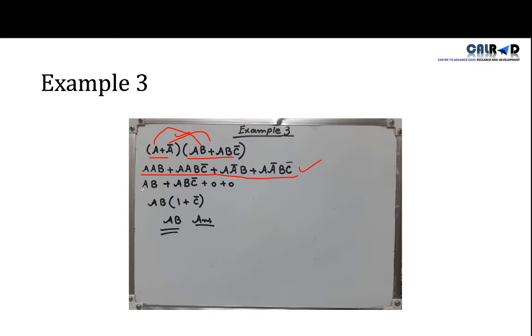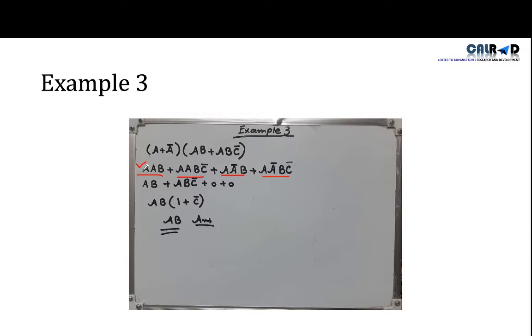Here you can see that because there are four terms, 1 2 3 4, we will solve them one by one. Can we apply any rule on AAB?